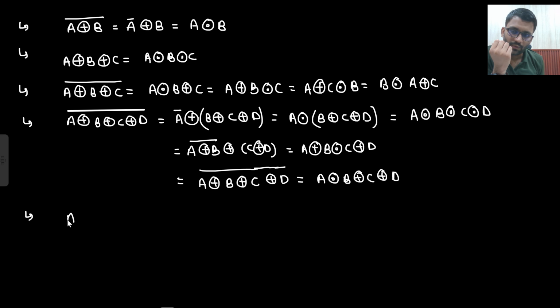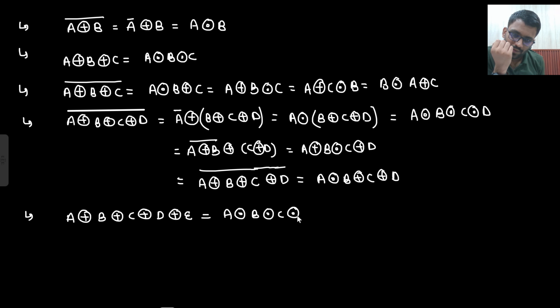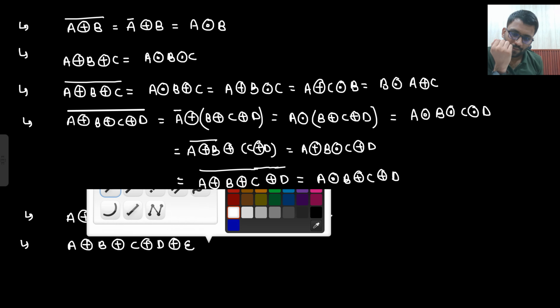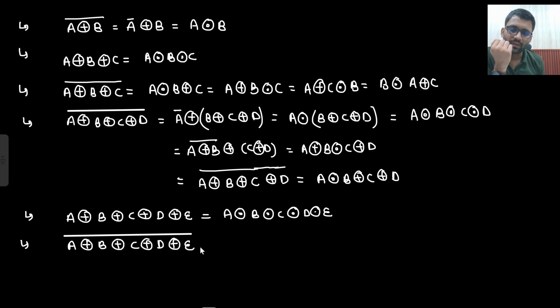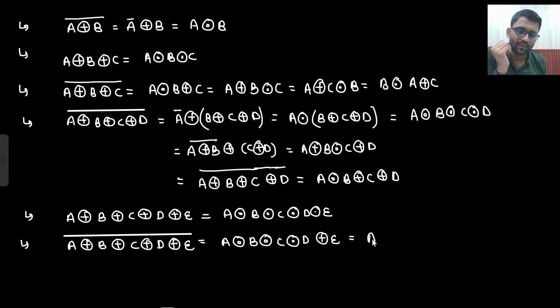And for 5, that would be equal only. And if you take the bar, then what will happen? We have already proved that all of them can be replaced with the dot, but one will be at least plus, right?